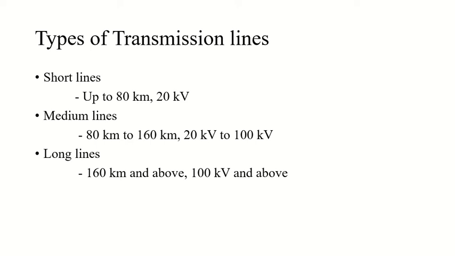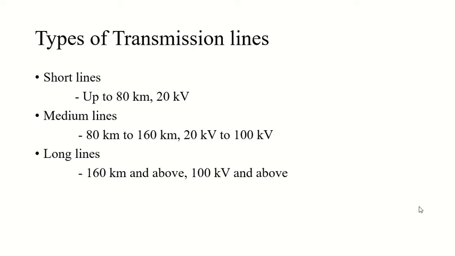By the way, all these classifications, which are based on voltages and kilometers, generally differ in different books. If you are referring to some other book, the voltages and distances might be different, but generally we take close to 80 kilometers for short lines, 80 to 160 for medium, and greater than 160 for long lines.